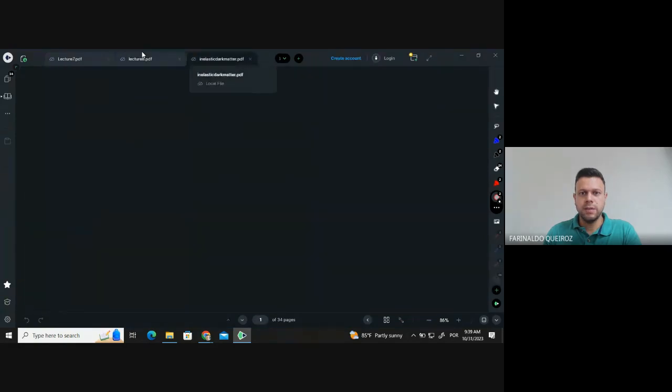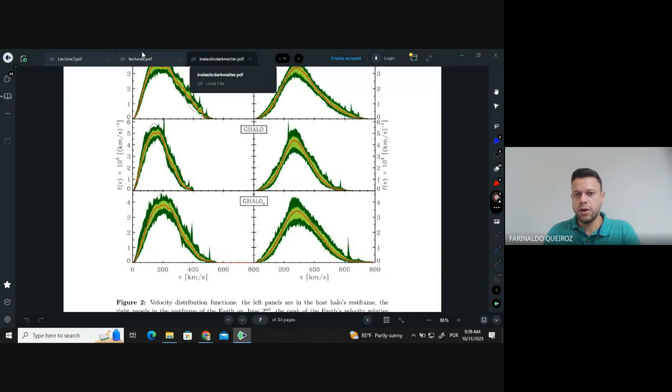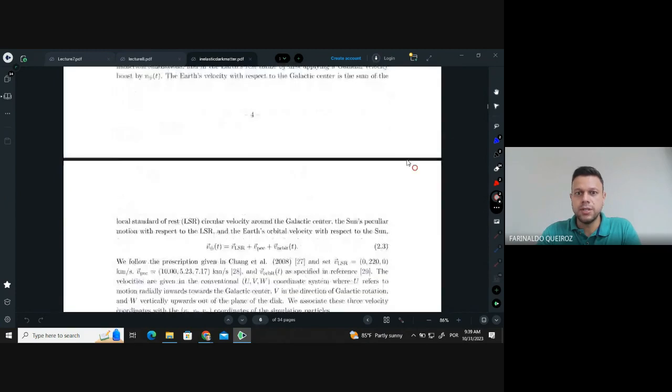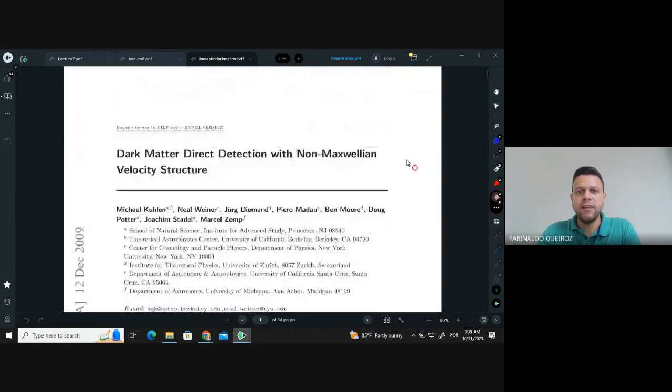Before I move to direct detection, let me cover something that I haven't covered before, still in the aspect of direct detection. You can see in this paper, people have simulated the formation of our galaxy using dark matter particles. One thing I haven't told you is that the density of dark matter in a galaxy is related to the velocity distribution of dark matter particles in the galaxy.